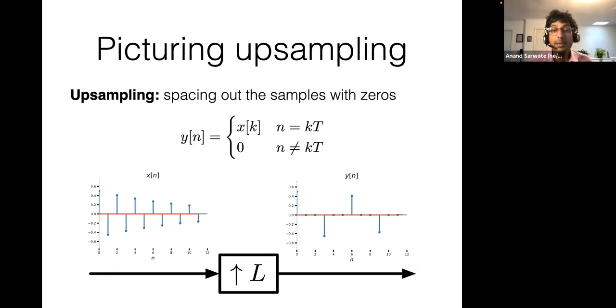So an upsampler is spacing out the samples with zeros. Here again, we have our x of n signal. We take the first element of x of n at time 0, and we stick it at time 0 in the output. Then if t equals 3 here, we wait 2 steps, so t minus 1 positions.